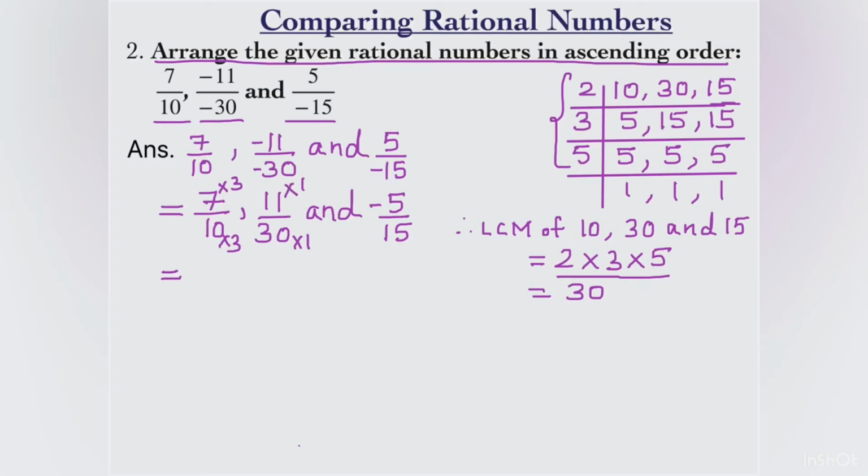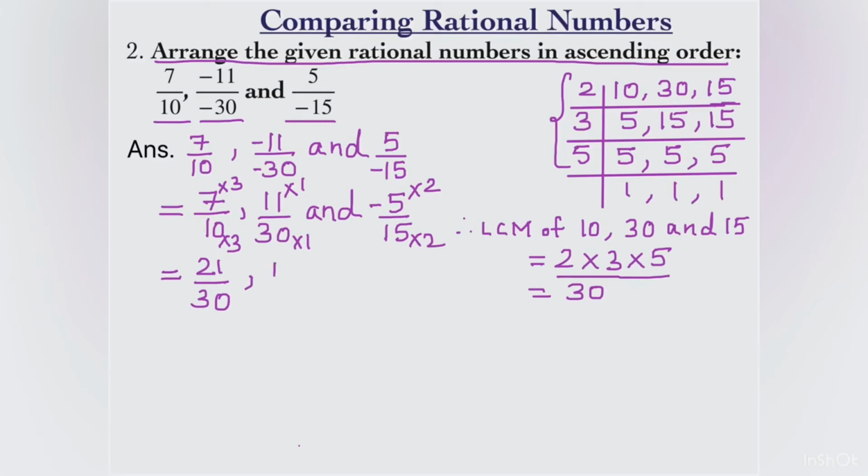And in the third rational number, we have the denominator as 15. 15 times 2 is 30. The same 2 we will multiply even with the numerator. Now let's multiply and find all the rational numbers. 7 times 3 is 21 by 10 times 3 is 30.